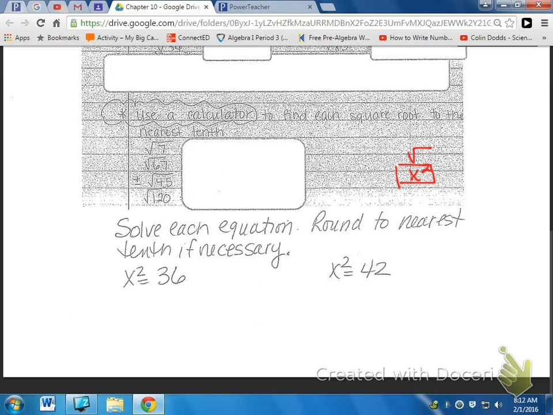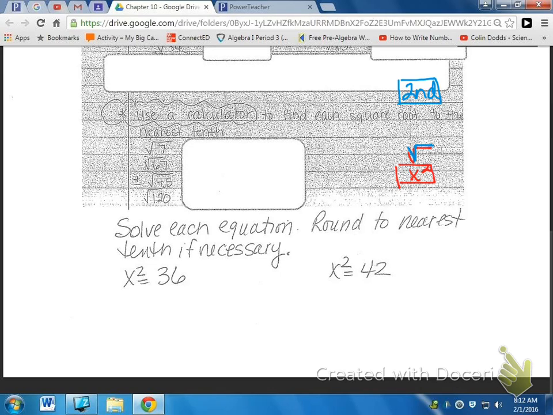Usually it's light blue on the ones that we have here in class. So in order to make the light blue thing happen, you've got to go up to the top of the calculator and hit the second key, which is also in the same color, and that will make the square root happen. So if you're going to use one of the calculators in class, that's what you'll have to do. You might be able to use a calculator on your Chromebook if you find one that does square roots.